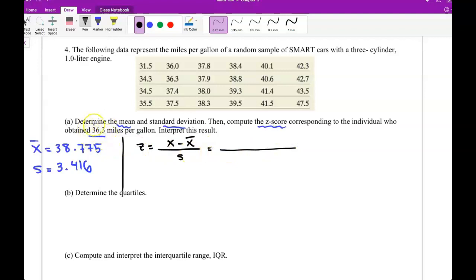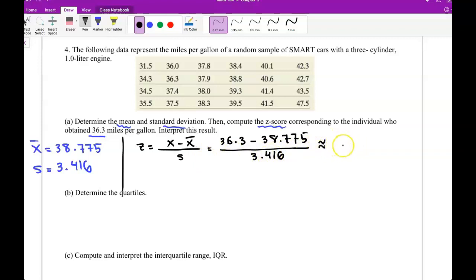And x is 36.3 minus 38.775 divided by 3.416. See, I didn't use that estimation here because at the end we're going to round.